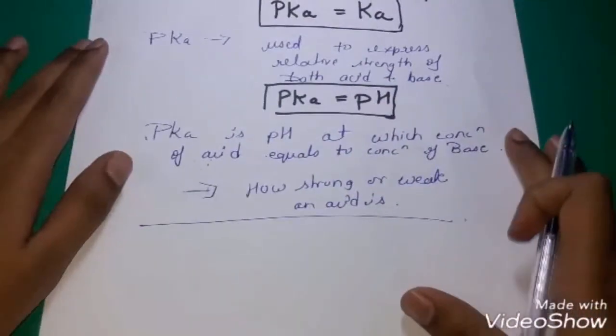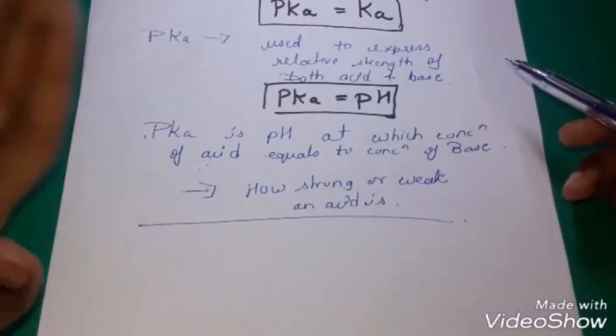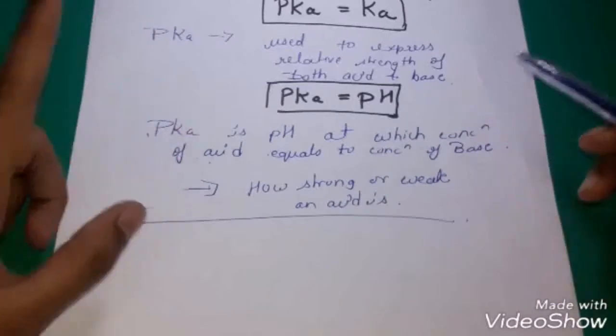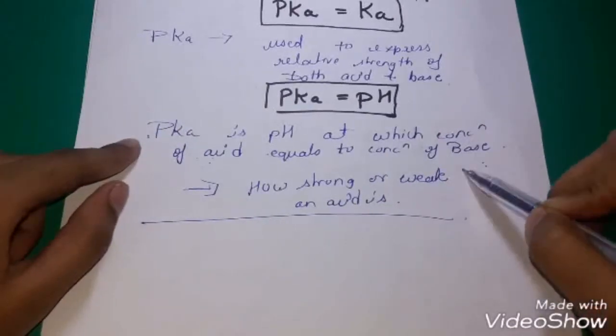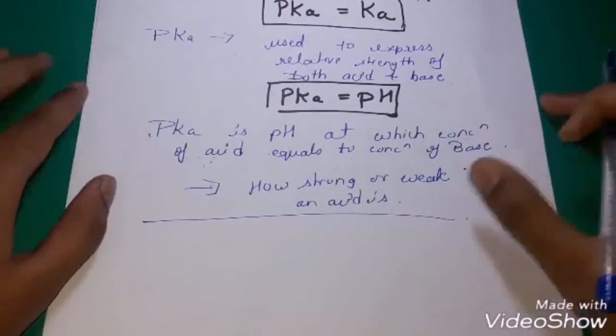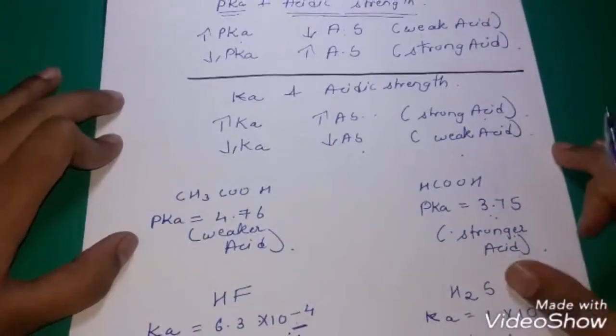After this we studied what is pKa, what is its relation with the pH. In the next video we will look at this deeply in relation to the Henderson-Hasselbalch equation. After this we studied the relationship between pKa and Ka.